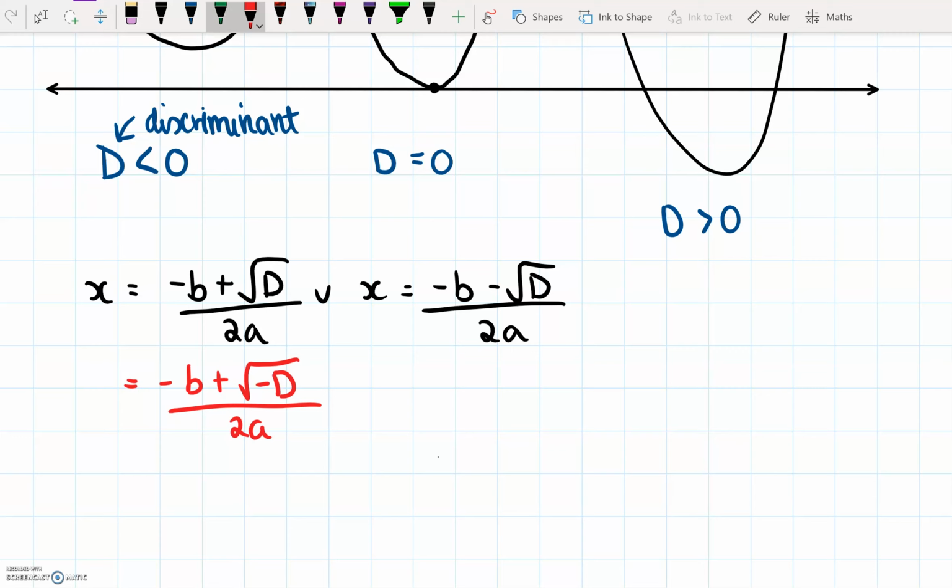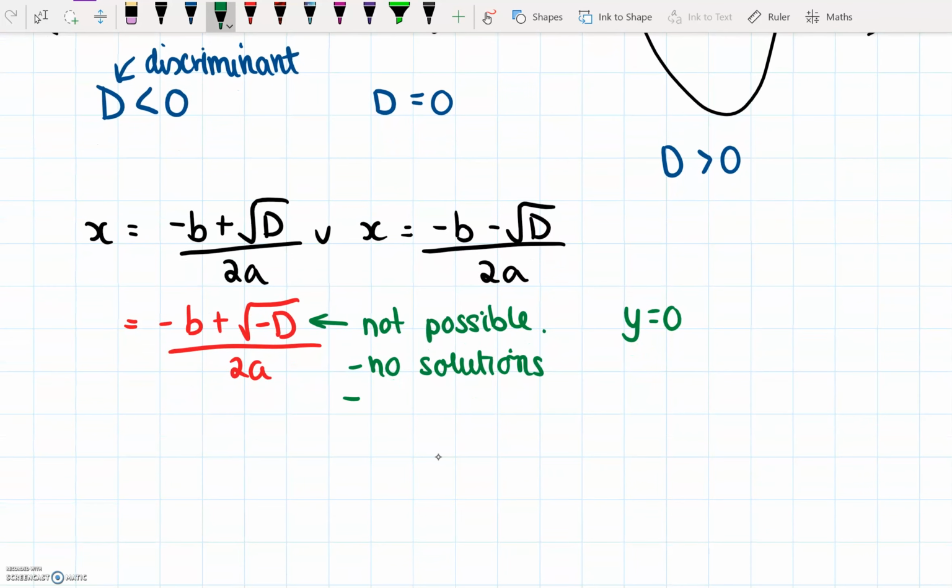You will remember that the square root of a negative is not possible, and that means there are no solutions. And remember this is for y is equal to 0. So this means that the parabola doesn't cross the x-axis.